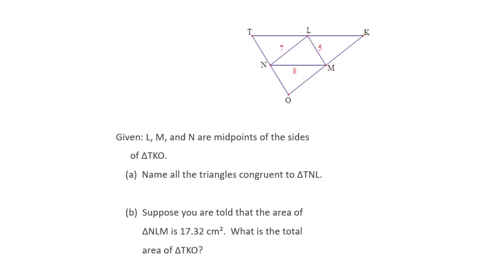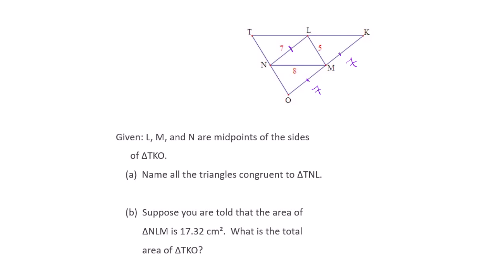All right, so here we have another situation with some midpoints, and that means that these are all mid segments. So this is going to be congruent to this. Each of those will be 7. The whole thing is 14.